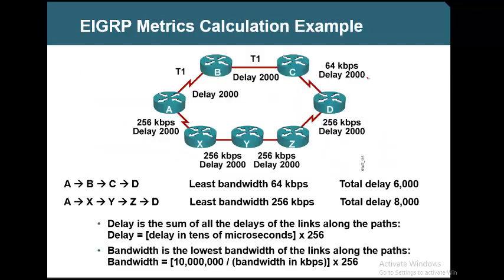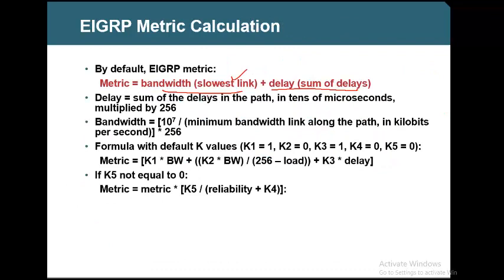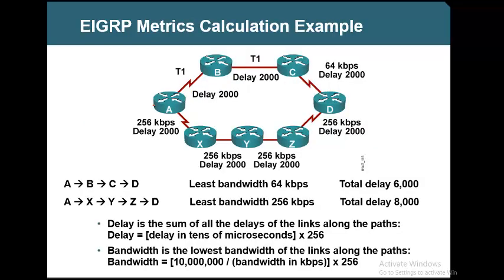Now what does this mean? Slowest link means what? Sum of delay means what? See this picture. For A to reach D, which is the slowest link in this path? This is the slowest link. Why? Because the bandwidth is only 64 kilobits per second, whereas this is T1.